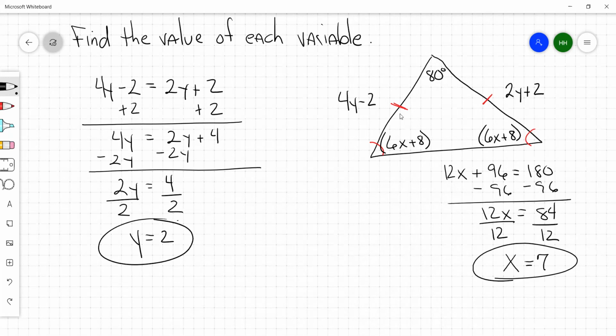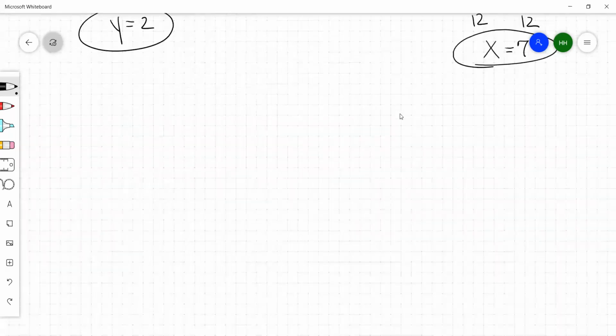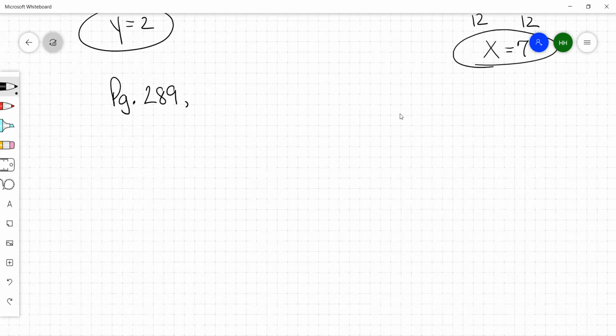I'm going to give you some practice problems to do now. So in your handout or on your pages that are on the focus, page 289, 2 through 6, and then 9 through 14.